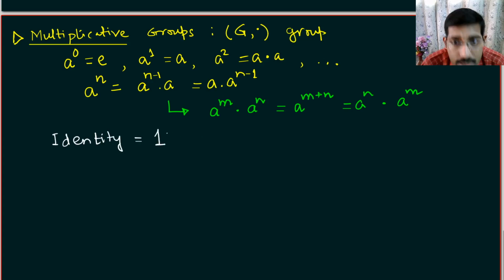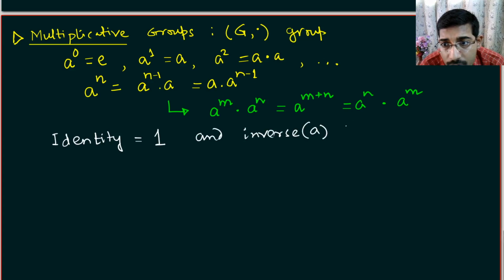Since it's a multiplicative group, we denote it by this notation. And the inverse element of A, I will denote by A inverse. Because it's multiplicative, A and A inverse will give you A to the power 0, which is 1. So that's a notational standardization that I will try to highlight here.